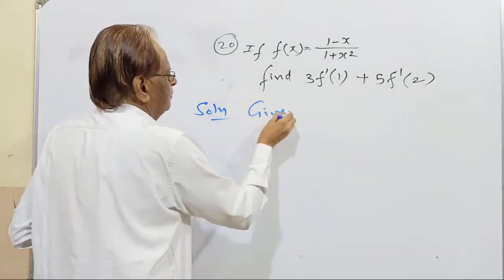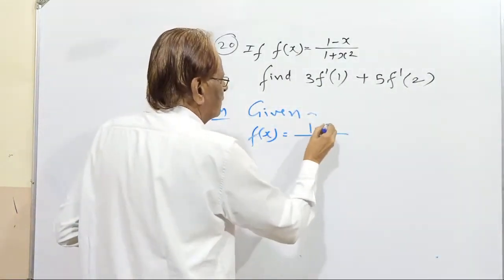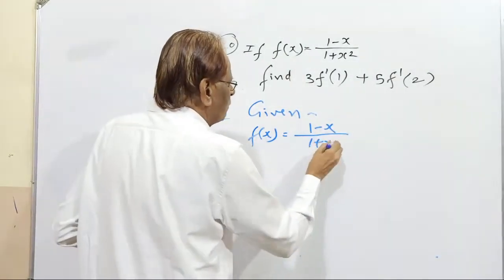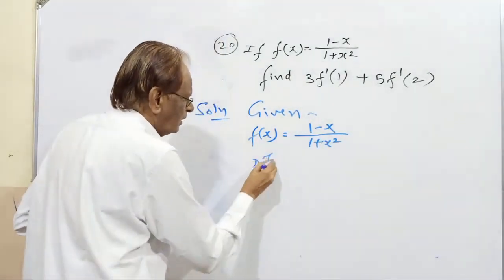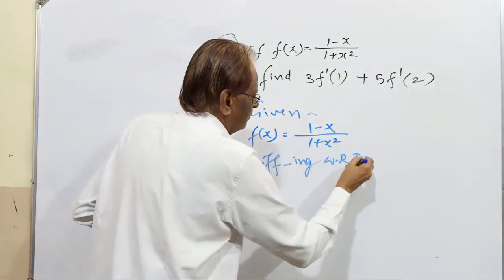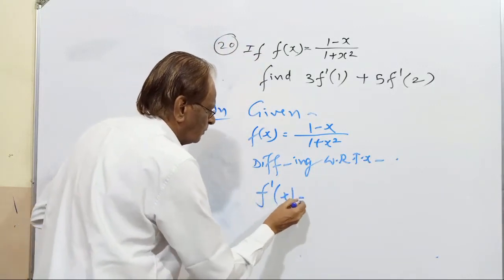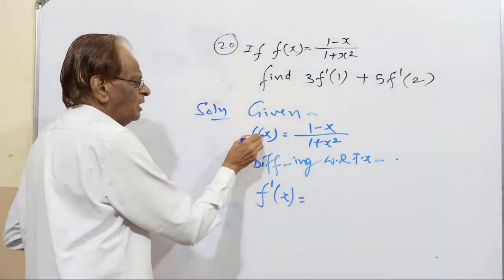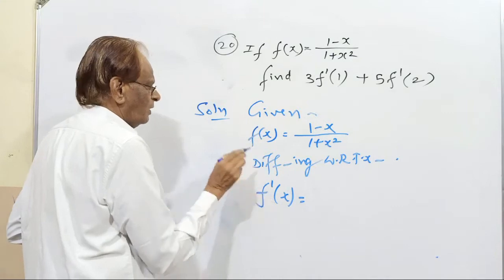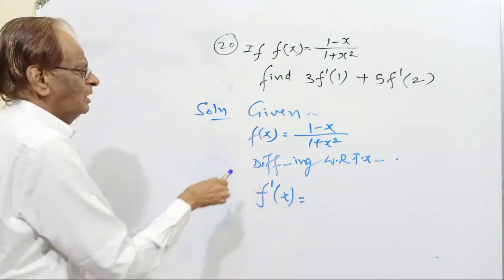Given f of x equal to 1 minus x by 1 plus x squared, differentiating with respect to x, the differentiation of f of x, f dash x, is nothing but dy by dx, where this is y.